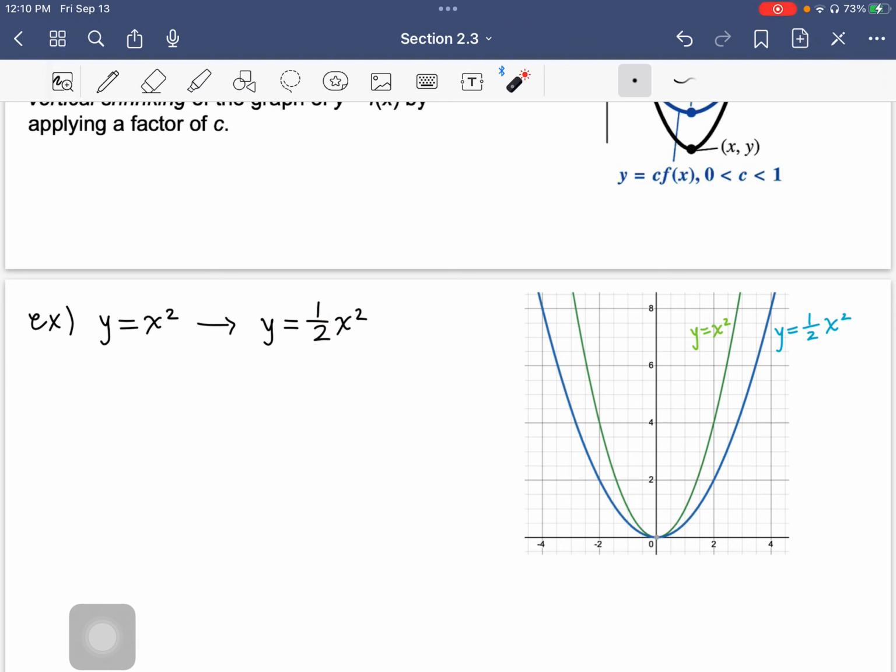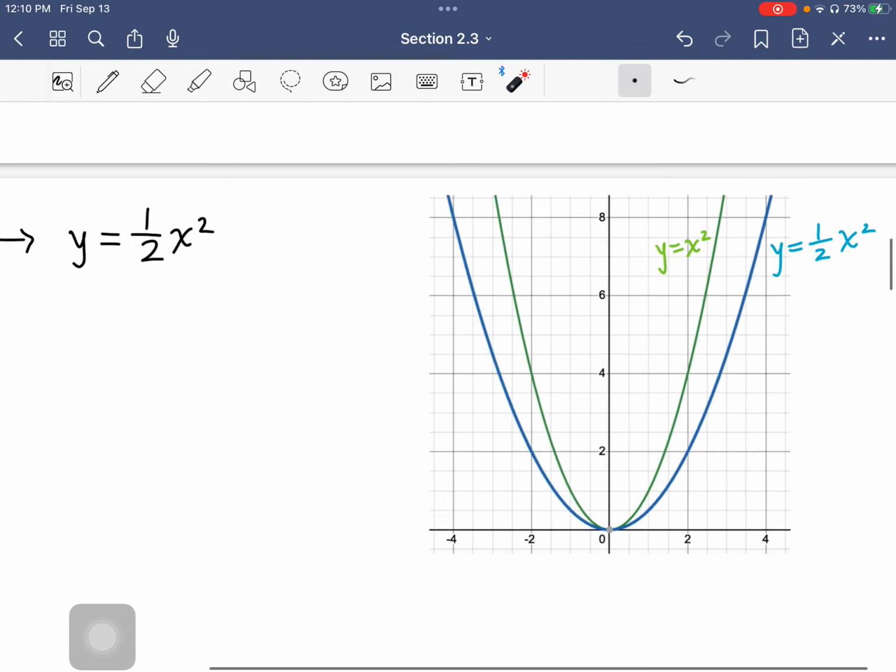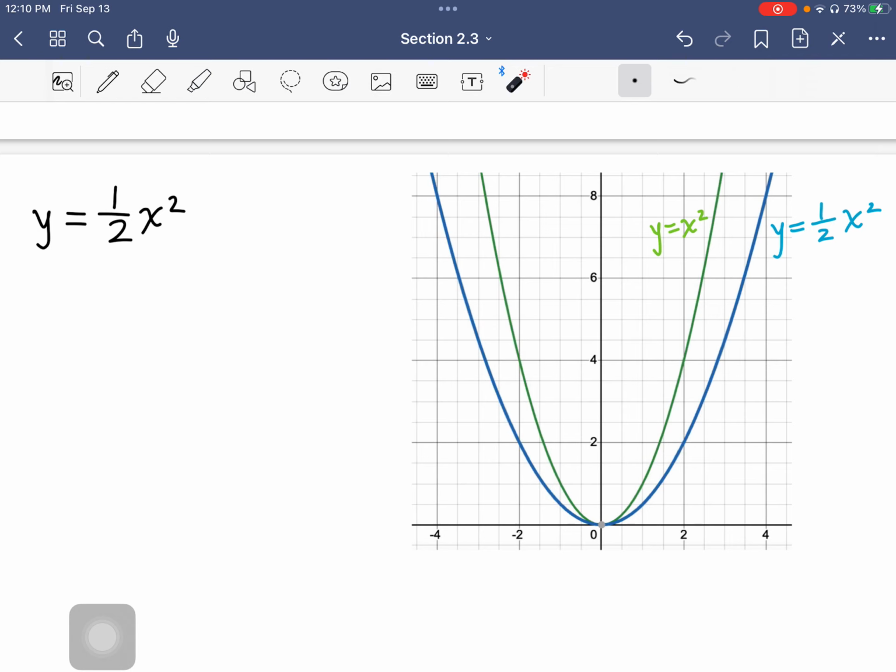And just like how we did in the last example, we can see what happens if we plug in values for x. So again, if we were to plug in 1 for x here, in our original equation, we know that we would just output 1. So this is our original point.